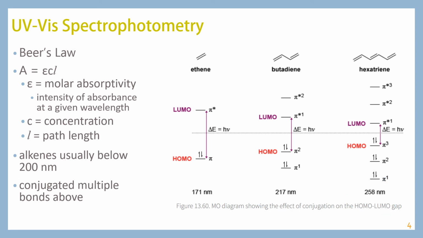And the reason for that is that the gap between the highest occupied molecular orbital and the lowest unoccupied molecular orbital is shrinking. So the ability to absorb UV-Vis light depends on the ability to excite an electron from the HOMO to the LUMO. And the smaller that gap is, the higher wavelengths of light are going to be absorbed.